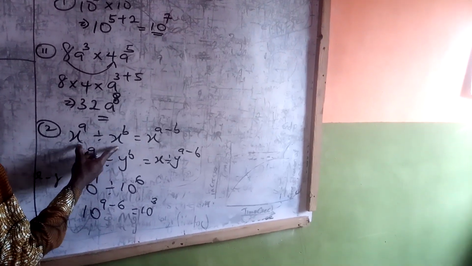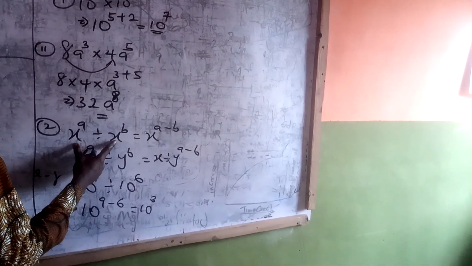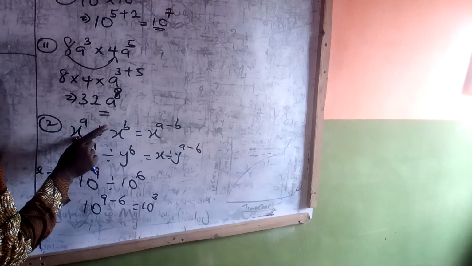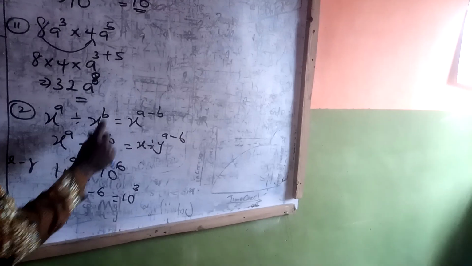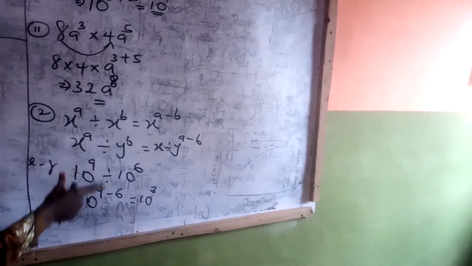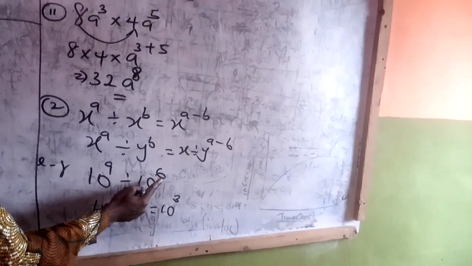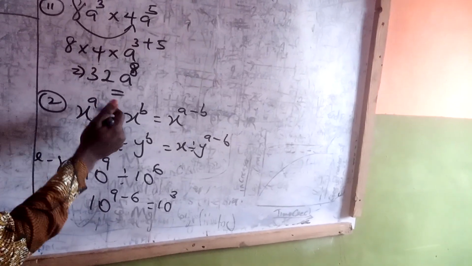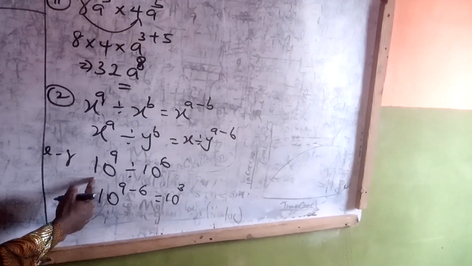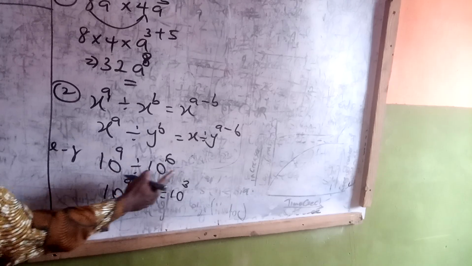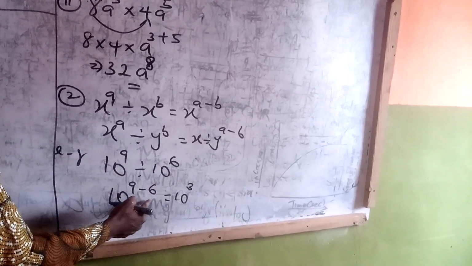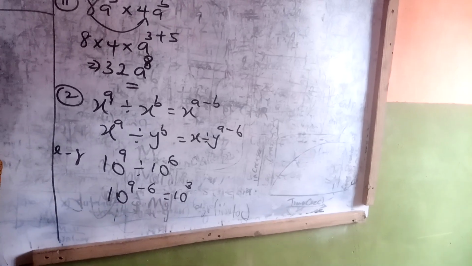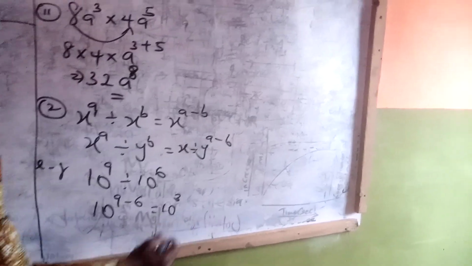Just like the law states, when they are having the same base, don't forget x is the base, a is the power, what you simply do is subtract the second power from the first power. So we have 10 raised to power 9 divided by 10 raised to power 6. That will be 10 raised to power 9 minus 6, and my answer will be 10 raised to power 3.